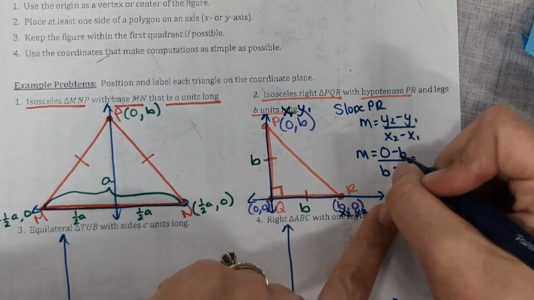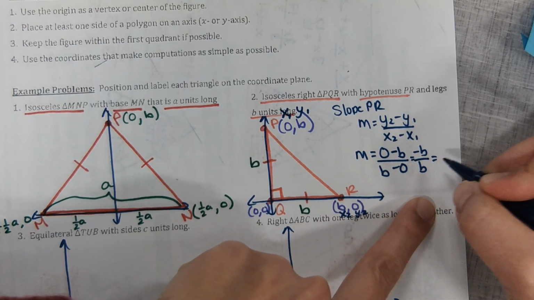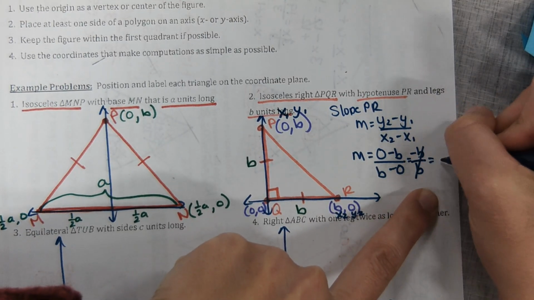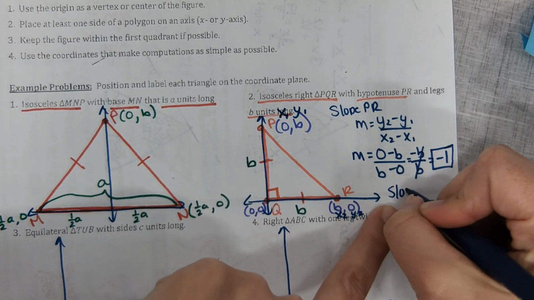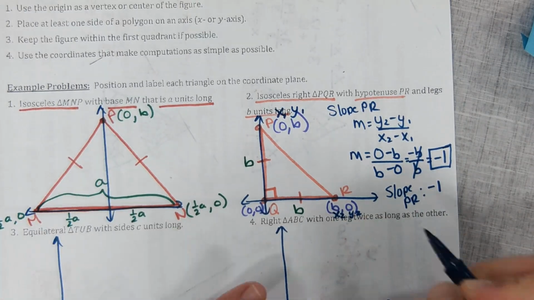Okay, so 0 minus B would be negative B. B minus 0 is just B. And then negative B divided by B would just be negative 1. So that's the answer for slope. So the slope of PR is negative 1.